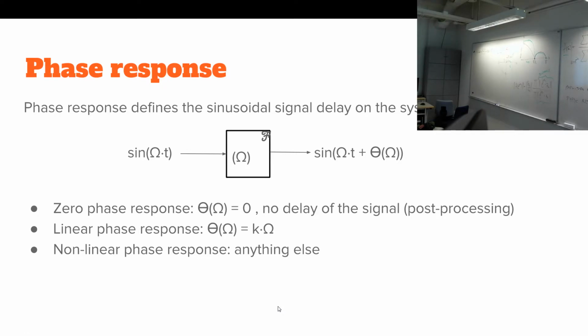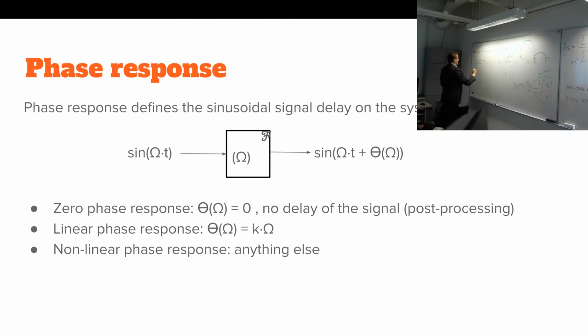If we had a linear phase response, basically that would mean that that part is some constant times omega. Okay?